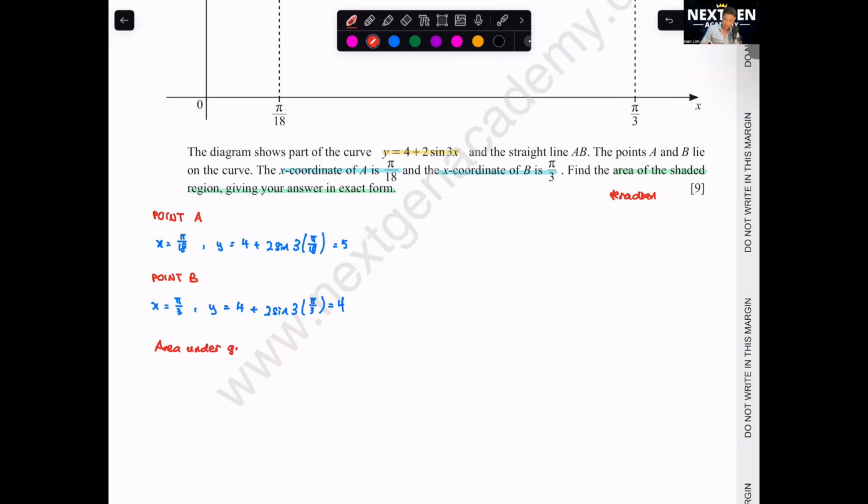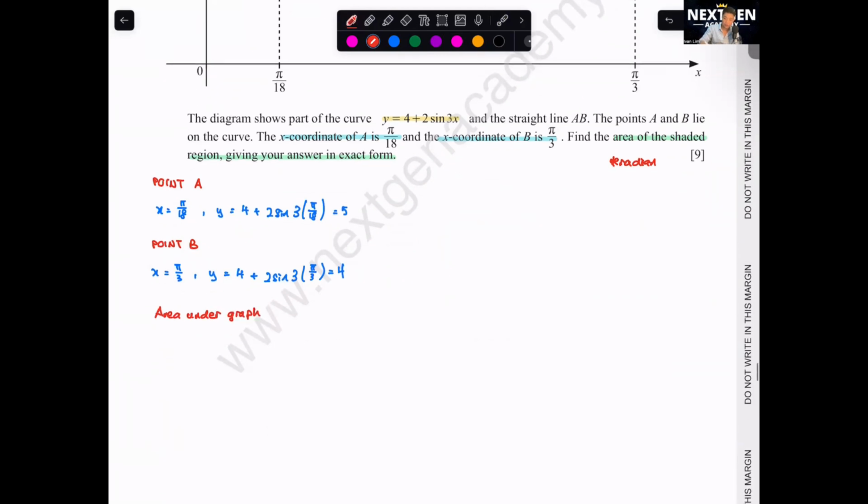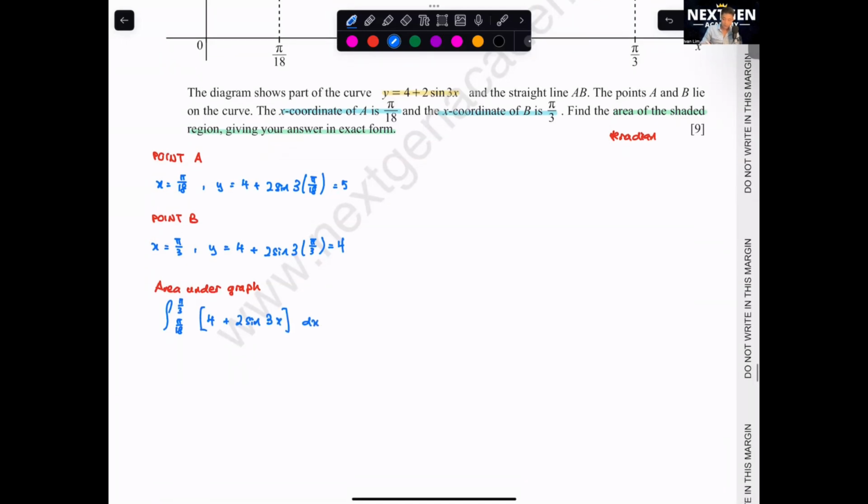We will use integration. This one will be the integral from pi over 18 to pi over 3 of 4 plus 2 sine 3x dx. This one has sine, right? When we integrate sine, what do we get?